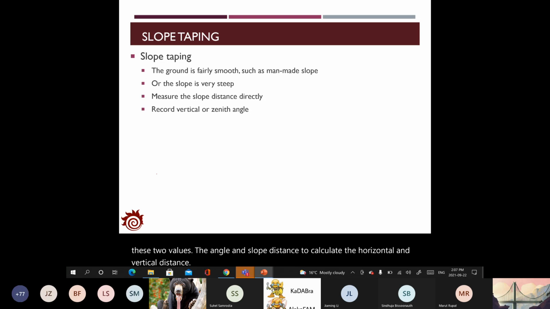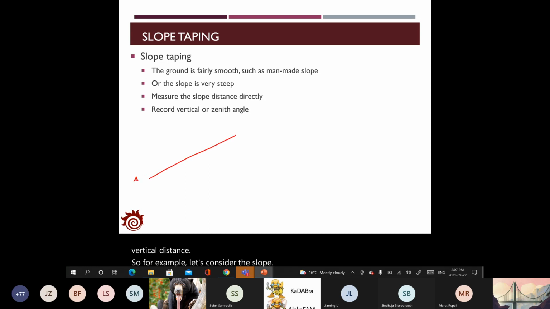So, for example, let's consider a slope from point A to point B. It has a certain grade. And we want to measure the horizontal distance from A to B. You will see that the horizontal distance will be from A to B prime.